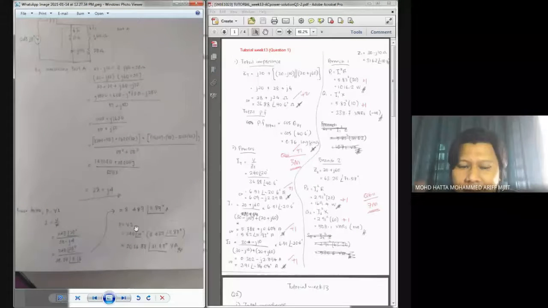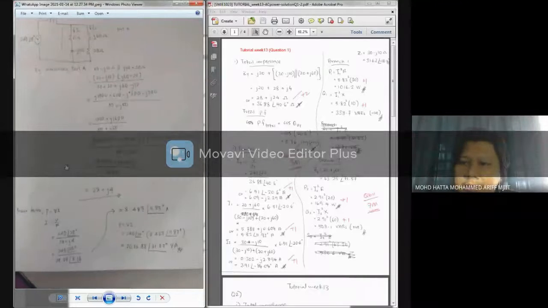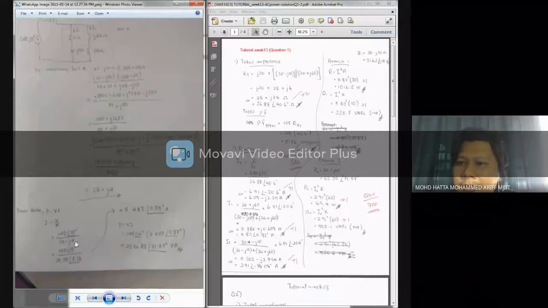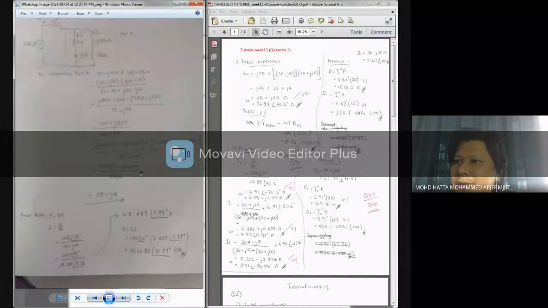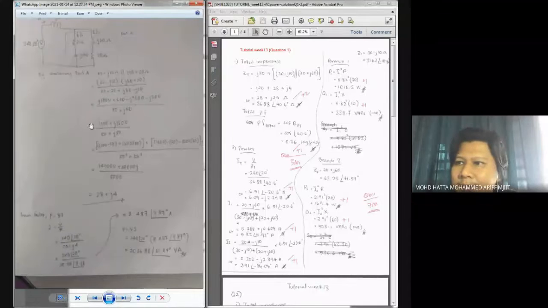I'm just saying that if this is correct, but the value over here is wrong, means you will still get marks. However, based on what Mo presented over here, I will only consider this one as a mark. Marks can be given only at this part.